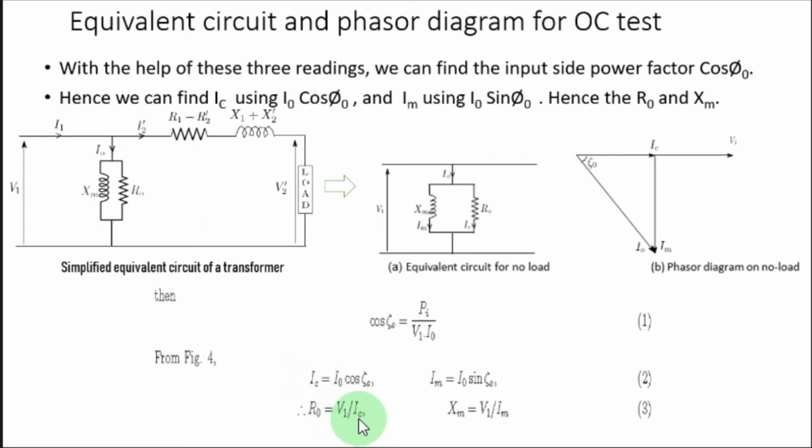So V1 over IC is R naught, and V1 over IM is XM, right? So in that way you can find these two parameters of the equivalent circuit by using the open circuit test. I hope it is clear. The same thing could be understood by using different methods.